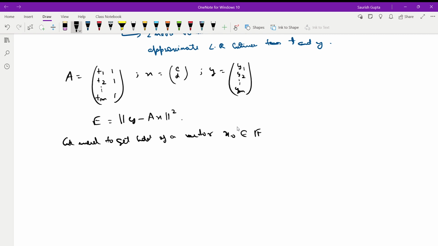So let me talk about it in the sense of Fn, such that E is minimized, right? This is the least we can do, right?